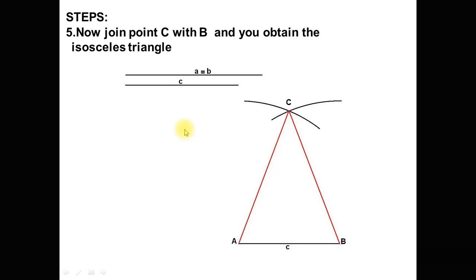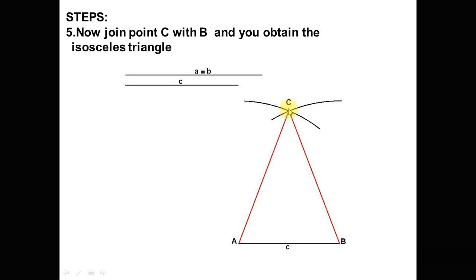So first of all, draw this side C. Suppose side C has a different length as compared to side A and side B. So first of all, draw this side C as a base, and then open the compass about the length of side A and put the compass at this point A and draw this arc. Then put the compass with the same length at this vertex B and draw another arc.